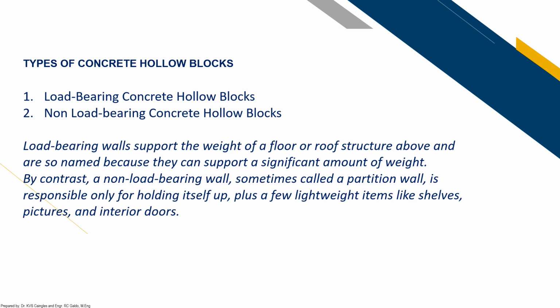Load bearing walls support the weight of a floor or roof structure above and are so named because they can support a significant amount of weight. By contrast, the non-load bearing wall, sometimes called a partition wall, is responsible only for holding itself up, plus a few lightweight items like shelves, pictures, and interior doors. So that is the distinction between the two types of hollow block, the load bearing and the non-load bearing.